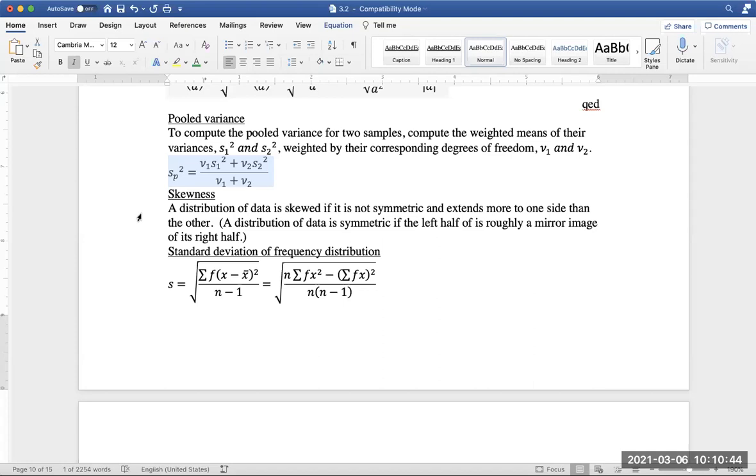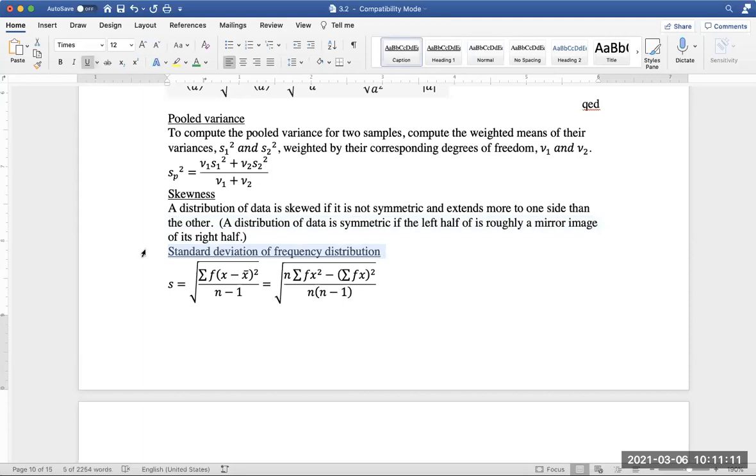Skewness. A distribution of data is skewed if it is not symmetric and it extends more to one side than the other. It is asymmetric. A distribution of data is symmetric if, let's say, the left half is a mirror image of the right half.